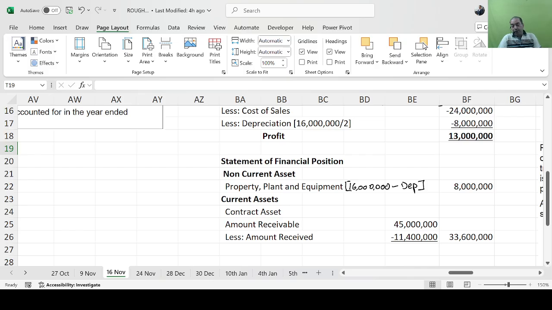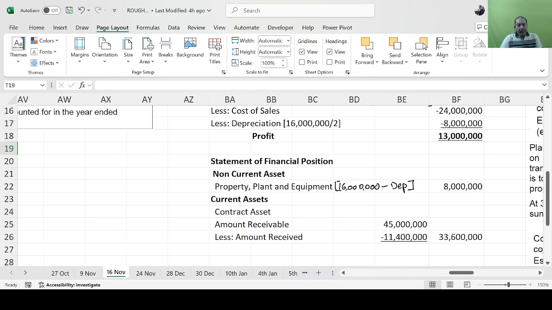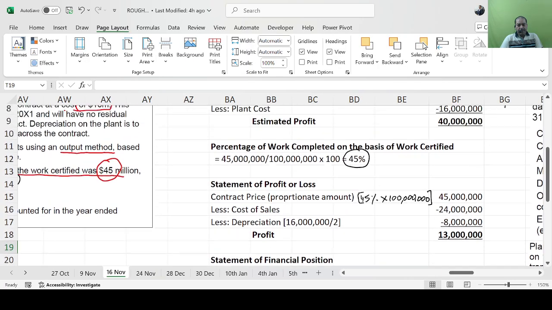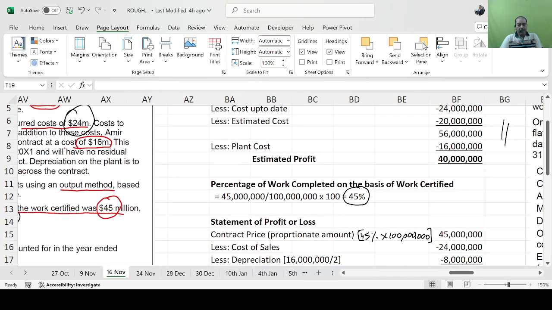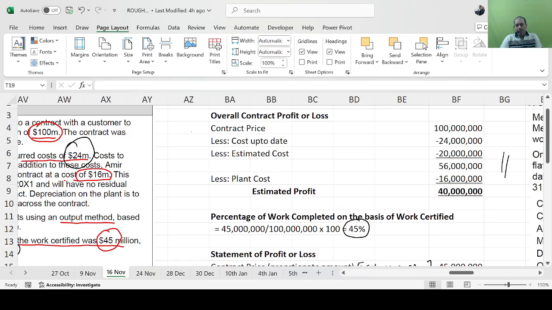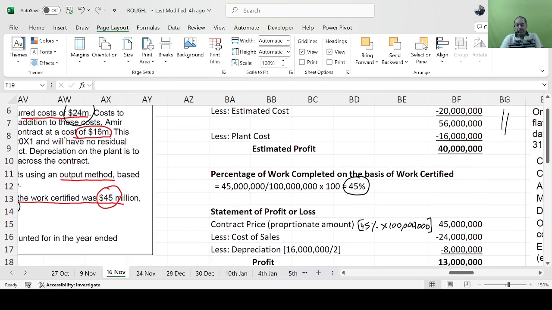This is how you are supposed to solve the problems. So has there been any change? There has been no change at all. All my steps are the same. First step is finding out total contract profit or loss. Second step is percentage of work completed.